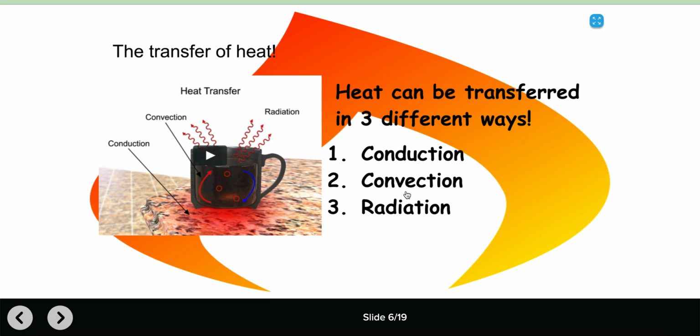So we're also going to be talking about something called convection, which gets a little fuzzy for some people, and that's okay. The main thing you're going to need to remember about convection is that it has to do with fluids. And remember, a fluid can either be a liquid or a gas. And then lastly, we have radiation. And with radiation, look at the top of this mug.